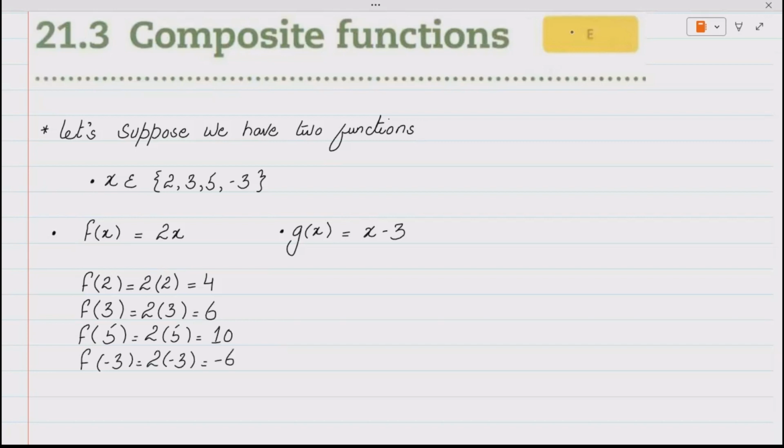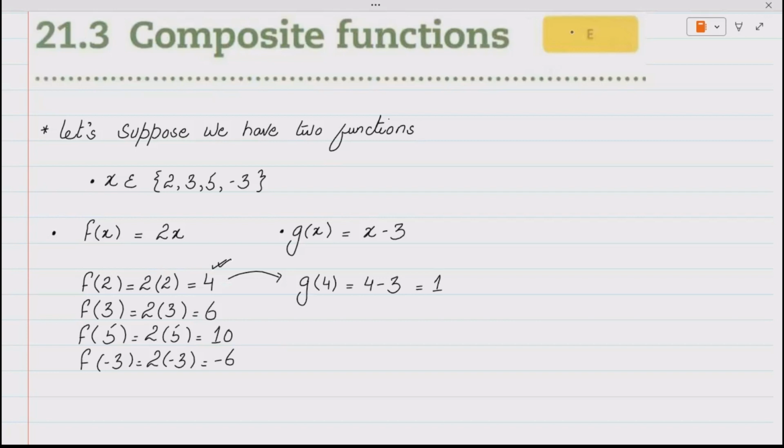Now, in g of x, we are not going to put these values of x, but we have to put the values that we get from f. So here in g of x, in place of x, I am putting 4, the answer from f. So g of 4 is 4 minus 3, which is 1.